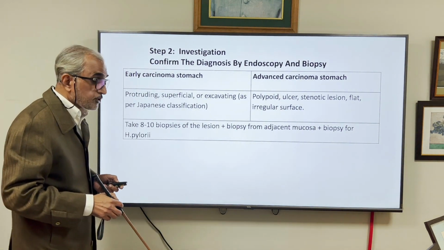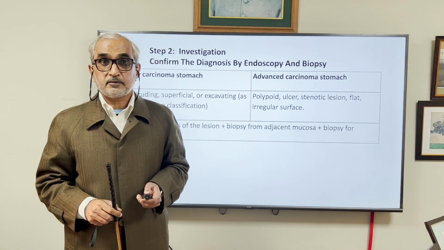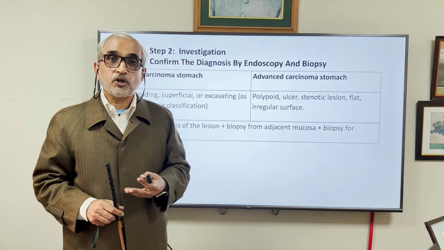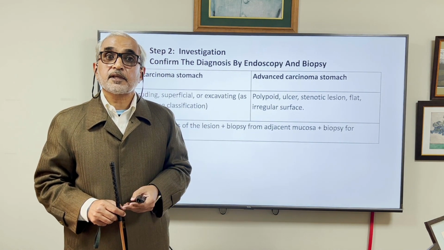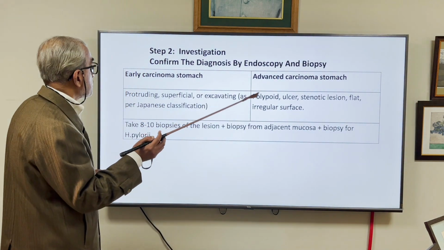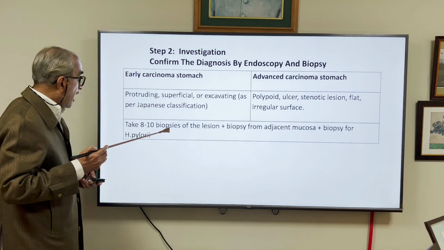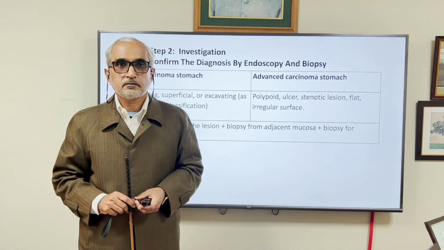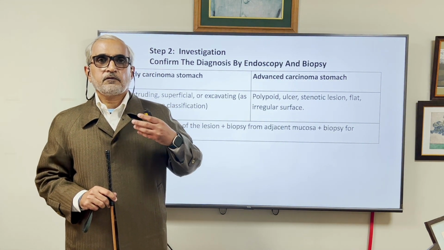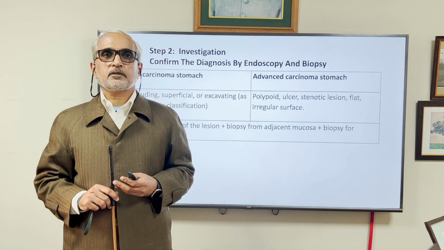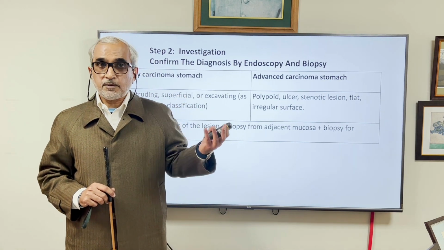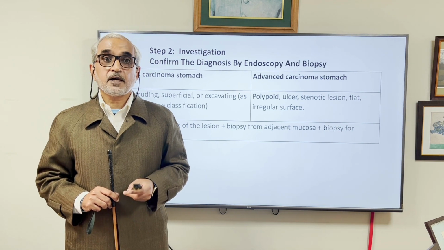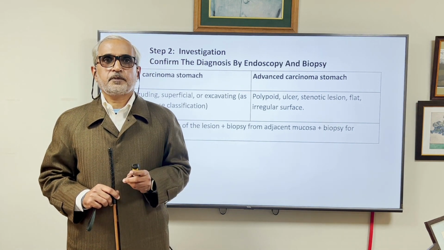Now comes the point of confirming it by means of investigation. What is our thought, which we have reached after history and clinical examination? The first investigation possibly is endoscopy with biopsy. So for any patient with a suspected case of carcinoma stomach or any symptoms related to the stomach, the investigation of choice is upper GI endoscopy.